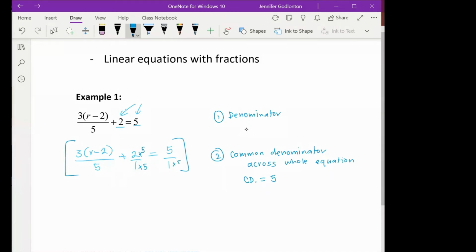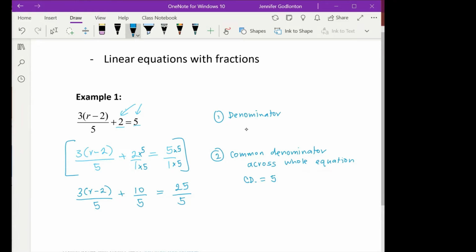And I need to multiply that by 5. And I need to multiply that by 5. So what I land up with is 3r minus 2 over 5 plus 10 over 5, which is equal to 25 over 5.